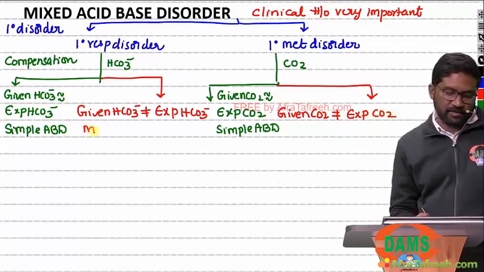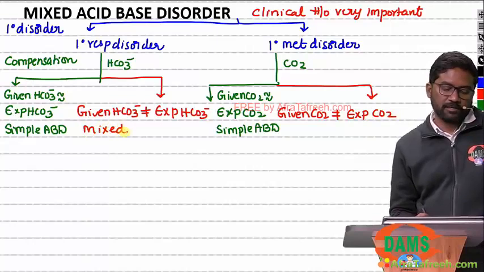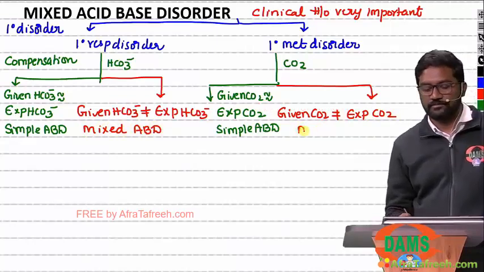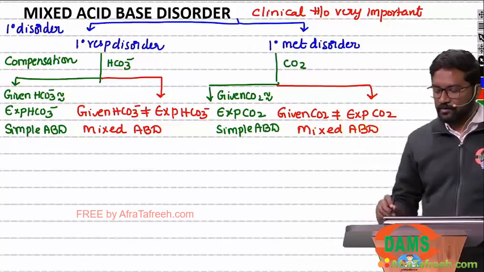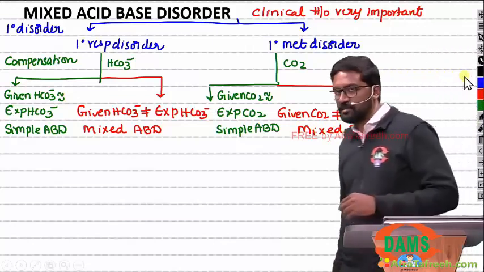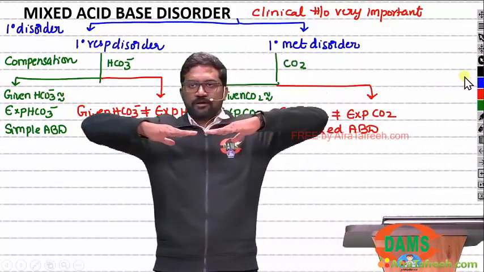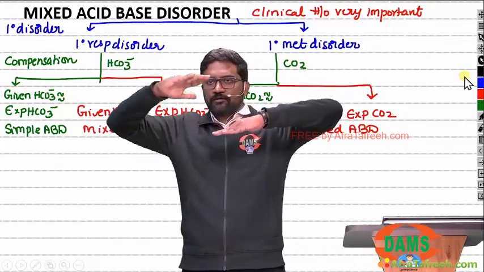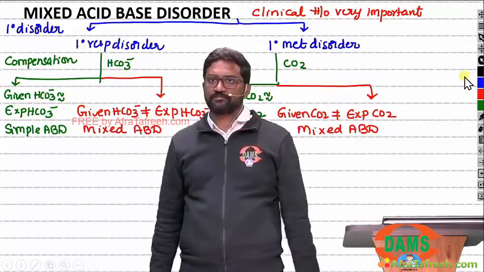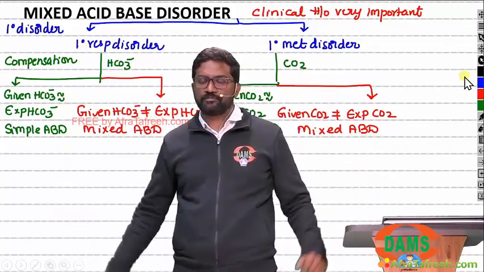So if given and expected are not correlating, it is mixed acid-base disorder. On this side also, it is mixed acid-base disorder. Now observe here, students. If given and expected are correlating, it is simple. If they are not correlating, it is mixed. This is what we have seen up to now.